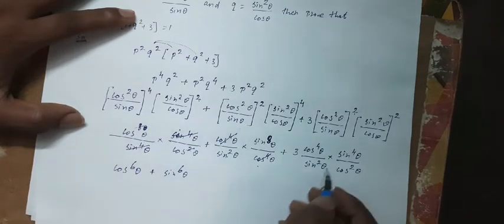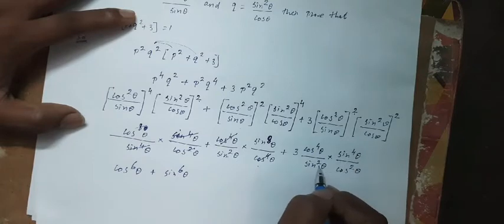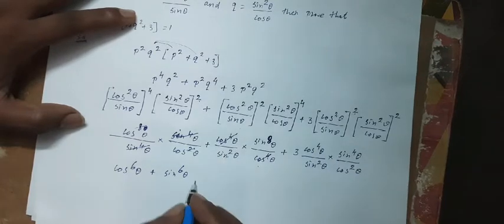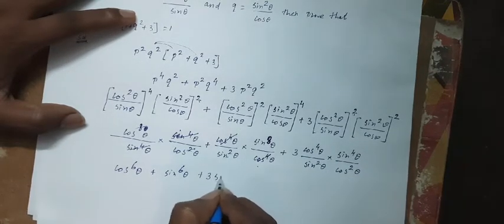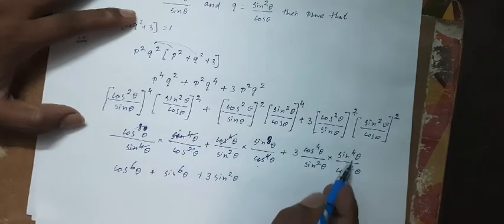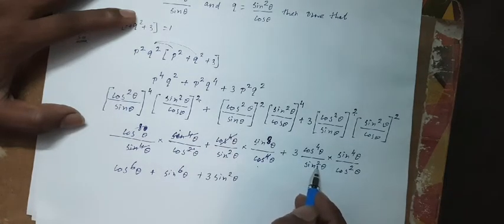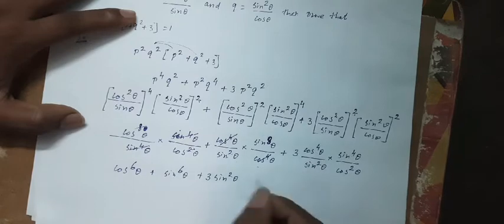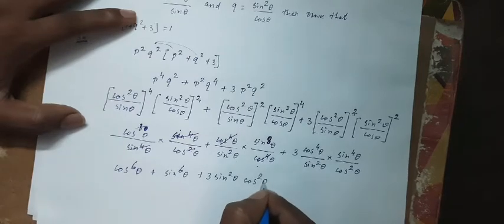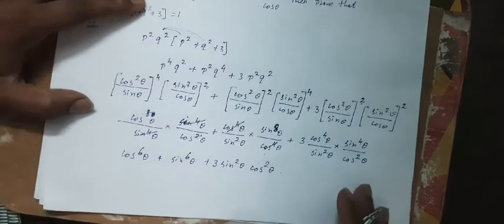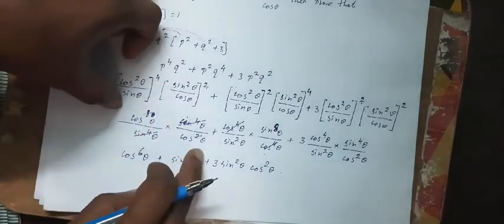And then here power 4, here square, we can cancel, meaning we can get 3 sin square theta, 4 minus 2 we can get 2, and then same also here we can cancel, we can get cos square theta. Clear, cancelling.